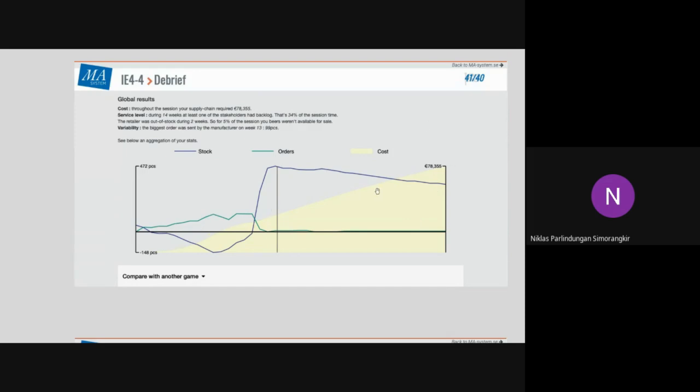As we can see, there is not really a balanced relationship between the stock and the orders, especially the fact that the stock decreases for a while, but then increases sharply, which accentuates the bullwhip effect that exists here. And the stock levels eventually decrease to only 0, which means that there's something wrong there, especially if all of the players only have 0.